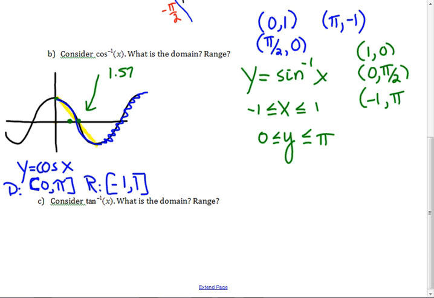Pi over 2 is up here. And, forgot my parentheses, when I get to negative 1, I'm up to pi. Again, this is negative pi over 2, so negative 1 is here, and I'm going to be up here. Whoops, almost went to the wrong one. So that's not a function, I've got to be careful.